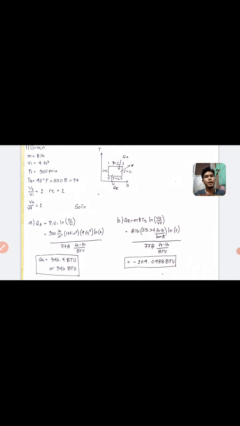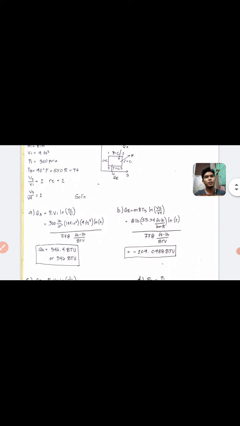Substituting the values, 300 pounds times 9 cubic feet times ln of 2, multiplied by 144 square inches to cancel the inches and replace them with feet, all over 778 foot-pound per BTU, so that the unit of the final answer for QA is BTU. QA now is equal to 346.4 BTU or 346 BTU.